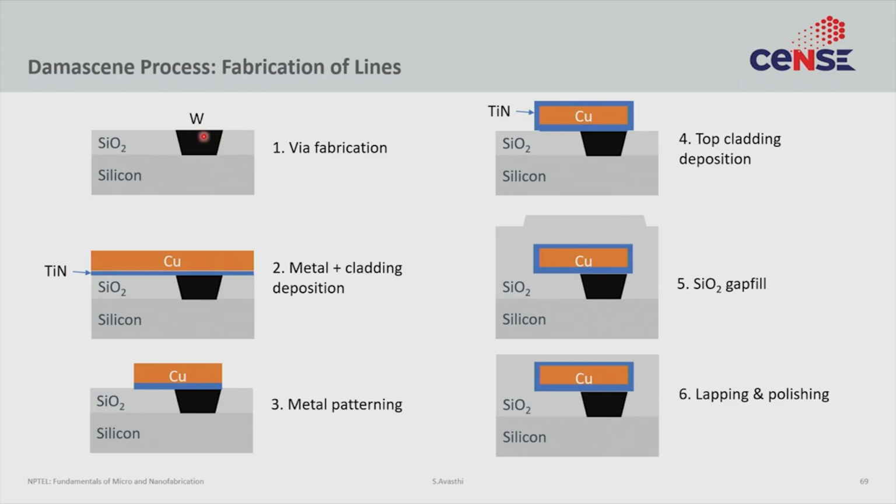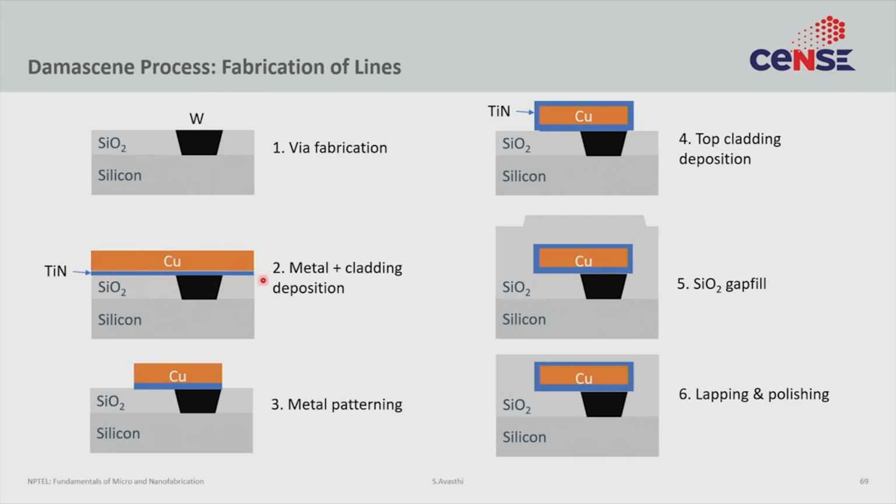After that, if you were to make a copper interconnect, what you would ideally do is simply deposit copper. But as we discussed, once you deposit that copper, even at back end of the line processing temperatures of 400 C or so, this copper will start to diffuse through the silicon dioxide layer, go to your silicon, and kill your device. So, that is not acceptable. What people actually do in the Damascene process is deposit a thin layer of titanium nitride.